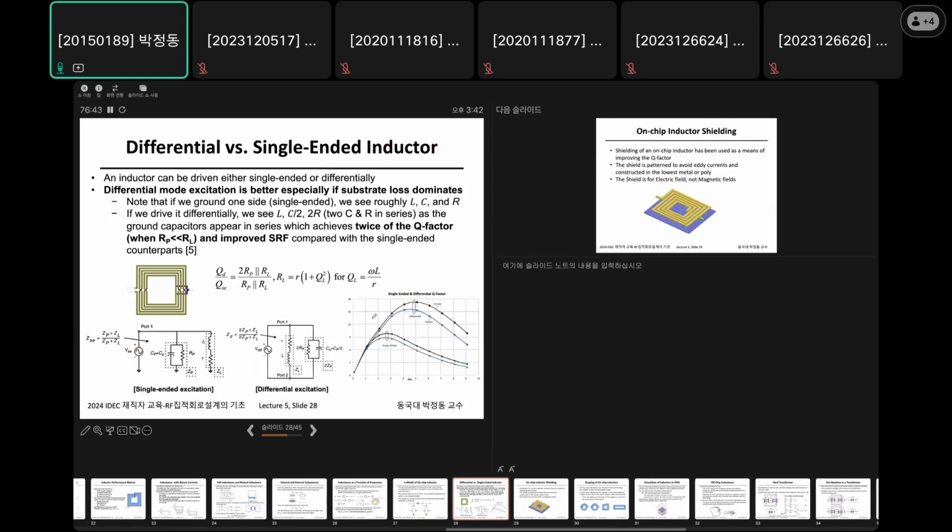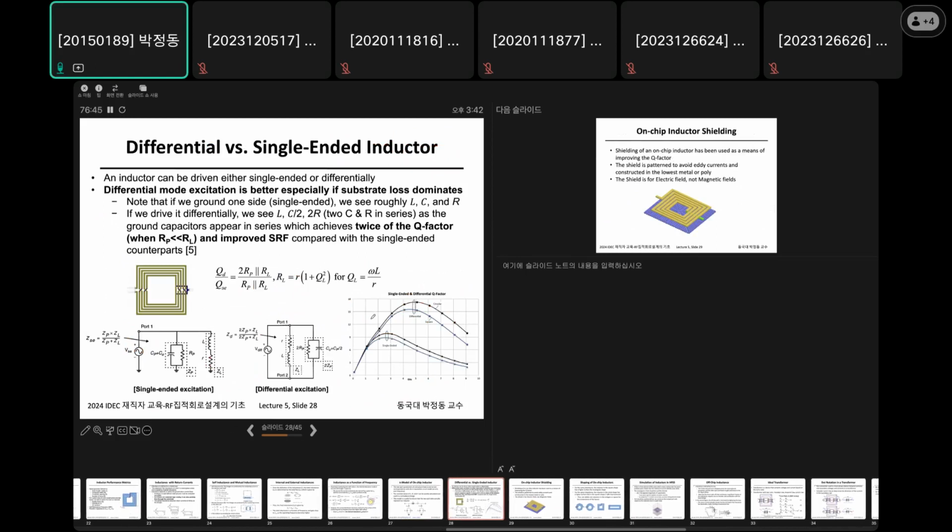When it comes to the single-ended inductor and the differential inductor, this is very informative for students.